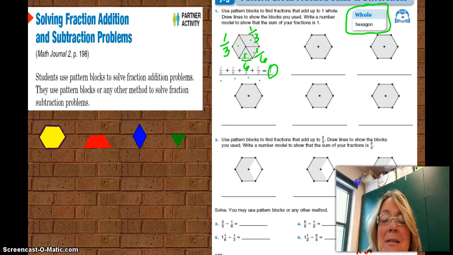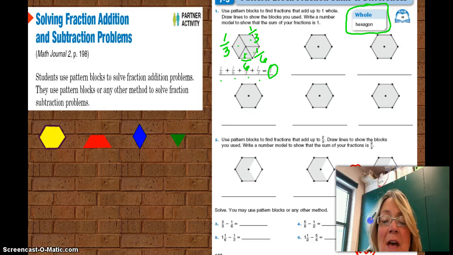Now I'm going to do that same thing to the top number. How did 3 become 6? Times 2. So I timesed it by 2 with the denominator. I times it by 2 with the numerator. It is 4/6.